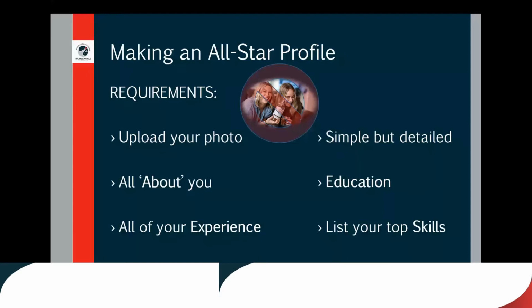The next thing is the About You section. This is another misused part of most LinkedIn profiles. I'll look at people's About You, and they will list all of the things they know and all of the things that they do. And that's not what that About is for.